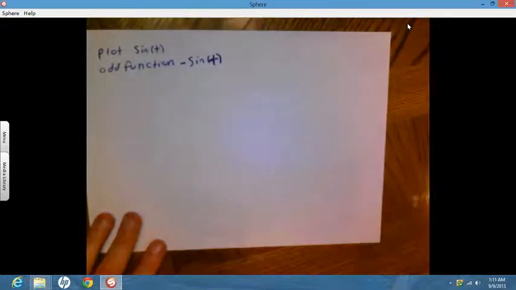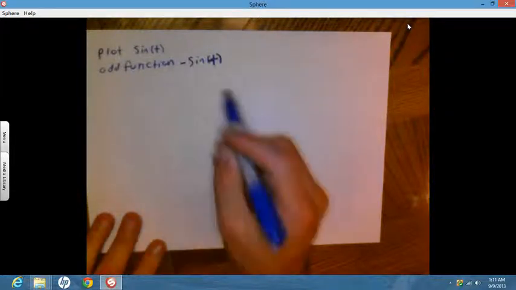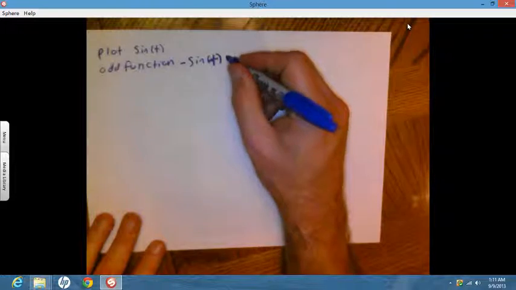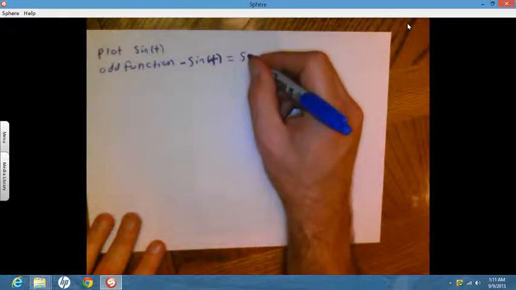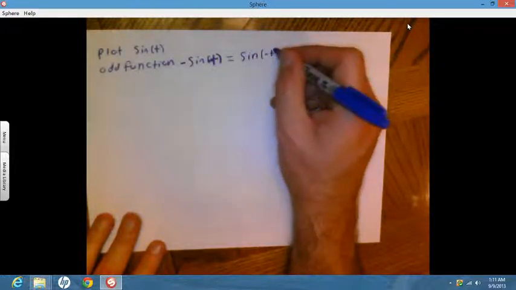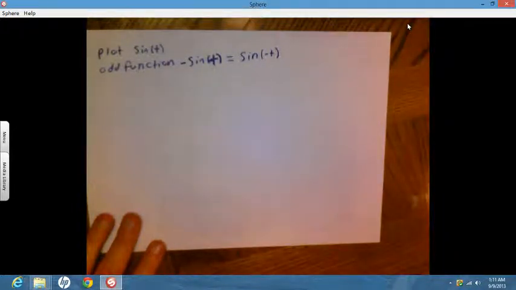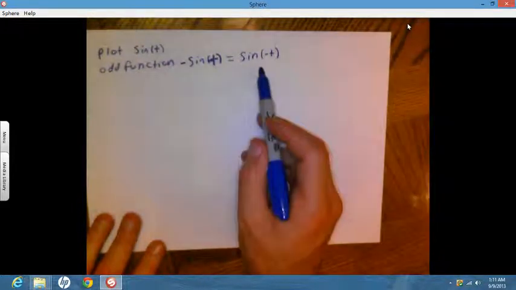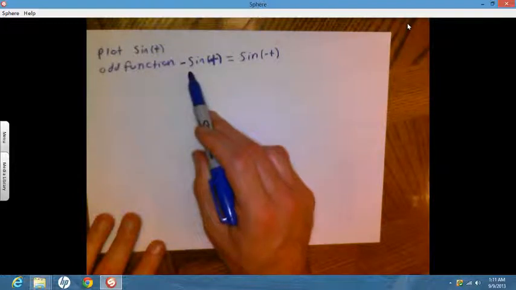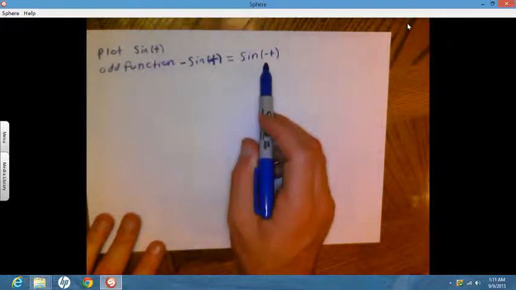So essentially what it means is an odd function. Sine is an odd function. It means I can take the negative sign and pull it outside the parentheses, right? So if I have a negative pi over 4, I can pull out the negative sign and make it a negative 1 times the sine of pi over 4. All right, that'll be useful in graphing these functions. Some functions are going to be even, some will be odd.